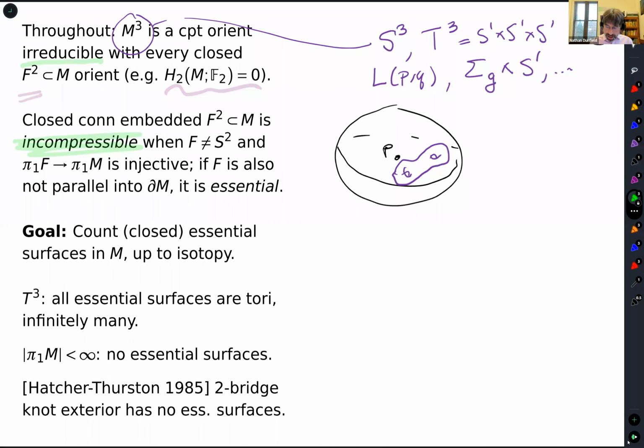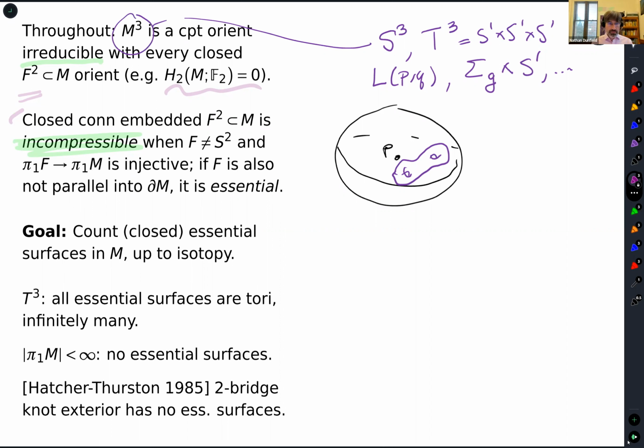Let's say that a closed connected embedded surface, we'll call it incompressible when it's not the two sphere. The irreducibility assumption means there are no interesting two spheres in my manifold. And when it's not the two sphere, the map on fundamental group is injective.